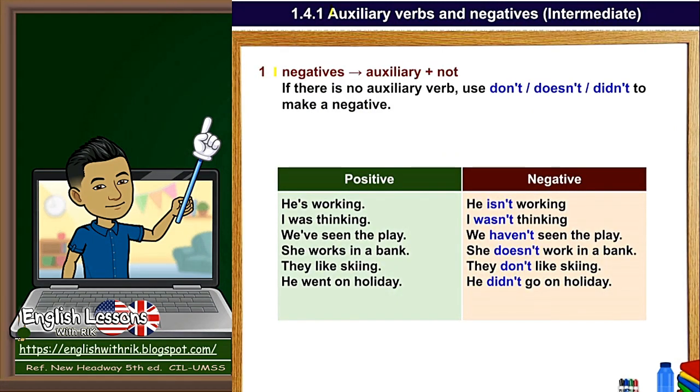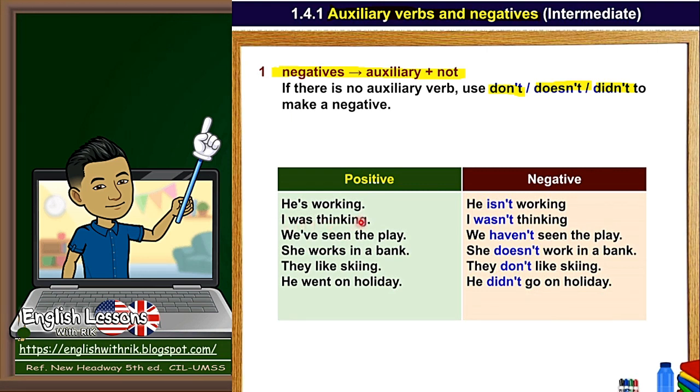Auxiliary verbs and negatives. To make negatives, we use the auxiliary verb with not or n't. If there is no auxiliary verb, we use don't, doesn't, or didn't to make a negative form. He's working. He isn't working.